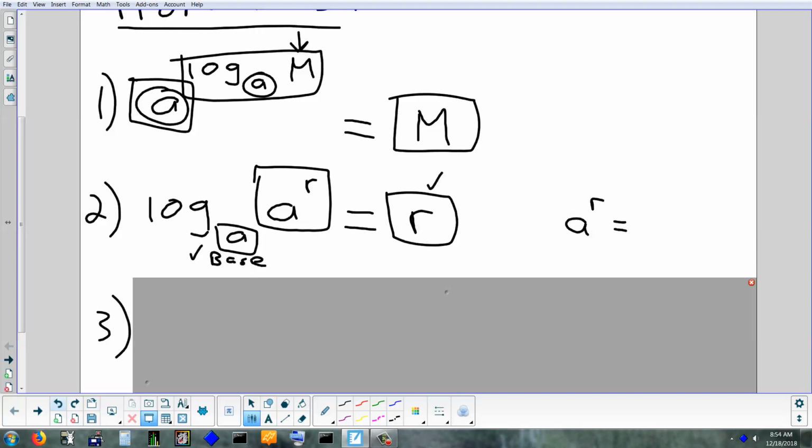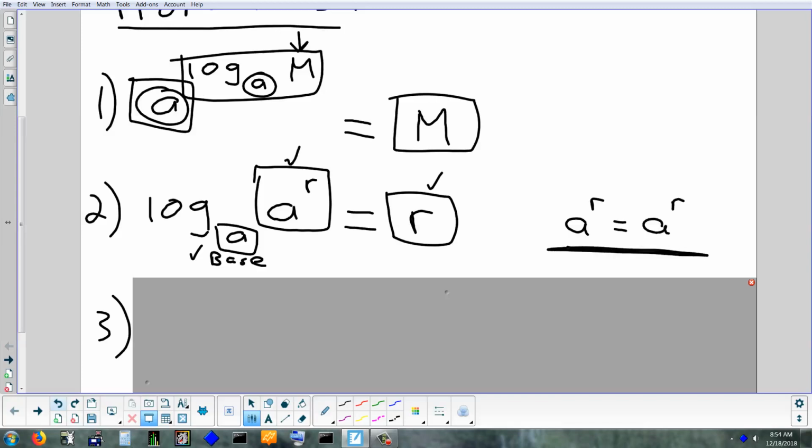The argument. And what's the argument here? A to the R. Is that what I just wrote by changing that from log form to exponential? Is this true? That's true. Why? Because they're exactly the same. That's just saying something is always equal to itself.